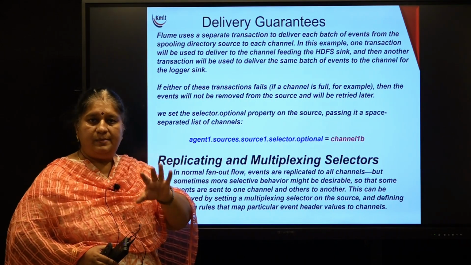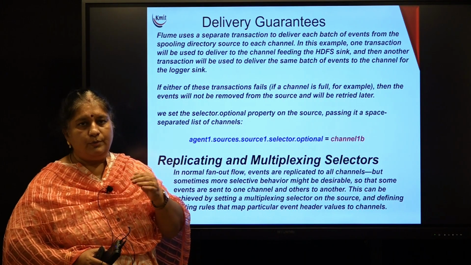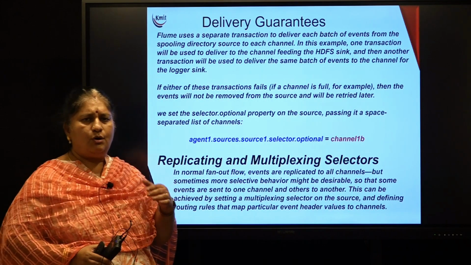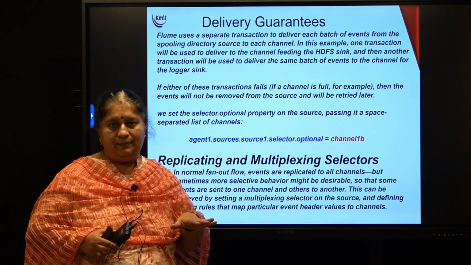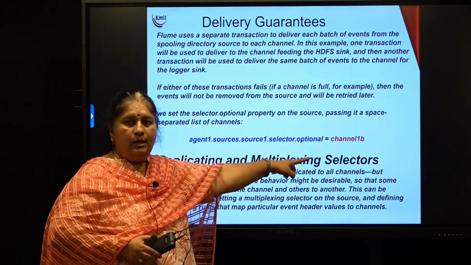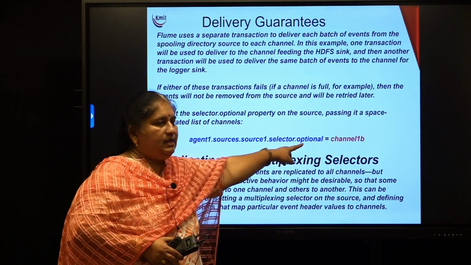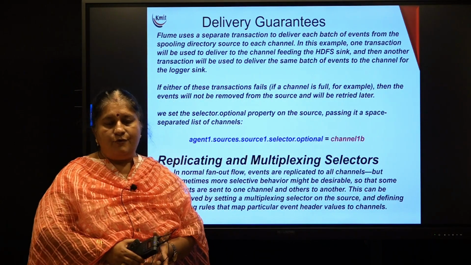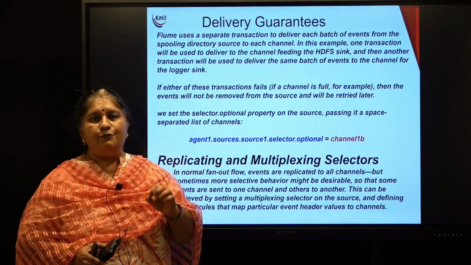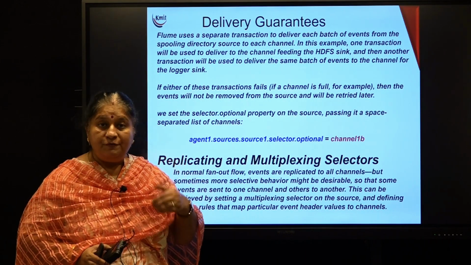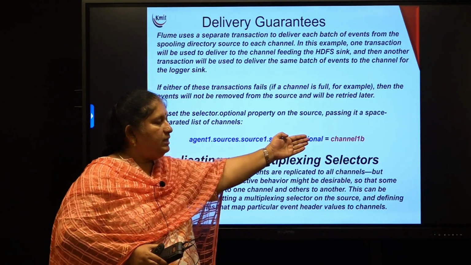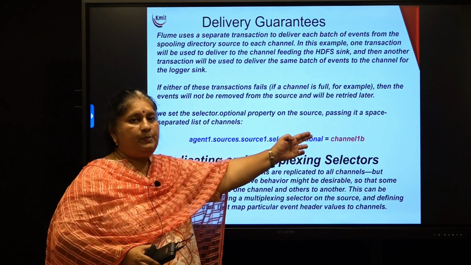Say one is mandatory, wherein I want to store my information into the HDFS sink, and whether I record the log events or not, suppose I am taking that as optional. In such a case, whether you deliver it to the second channel or not, it is okay with me because you are setting it as optional. By default, all the channels are taken as mandatory, but if you want to set one or some of the channels as optional, you have to specify the list of all the channels which can be optional, space separated.